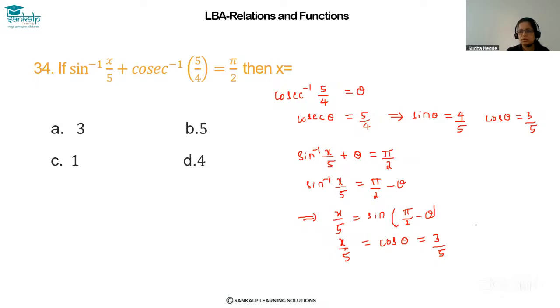So this implies x by 5 is equal to 3 by 5 or x is equal to 3. Got it right? So option A, 3 is the correct answer. Thank you.